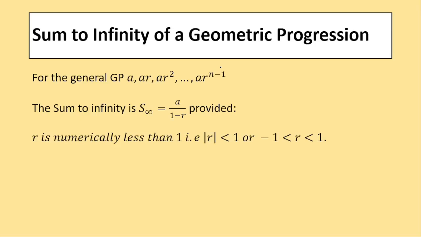That is when that formula will work. If r is numerically greater than 1, we are not going to use this formula because there is no sum to infinity for an r which is numerically greater than 1.